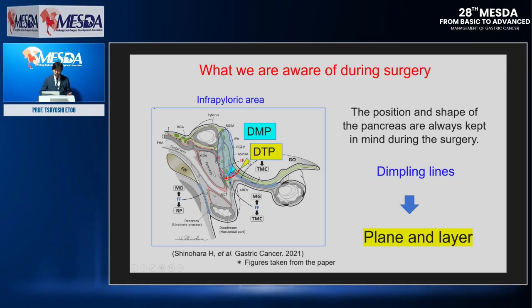First, we find the depression between the pancreas and the transverse colon. We name it the DTP. And next, we find the DMP, the depression line between the pancreas and the gastric mesenterium. Dimpling line means the plane and layer.